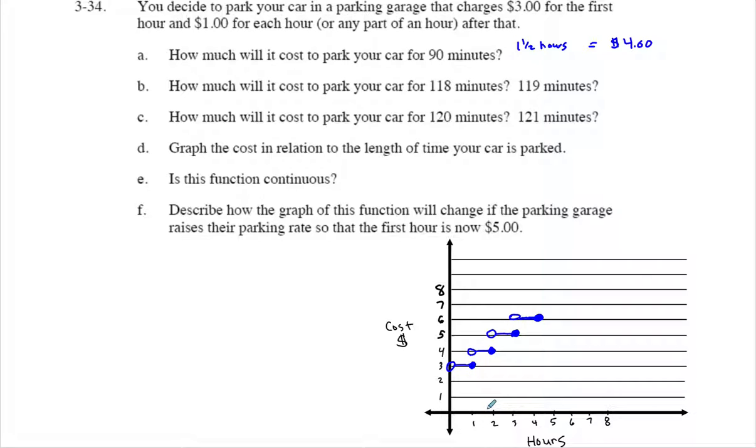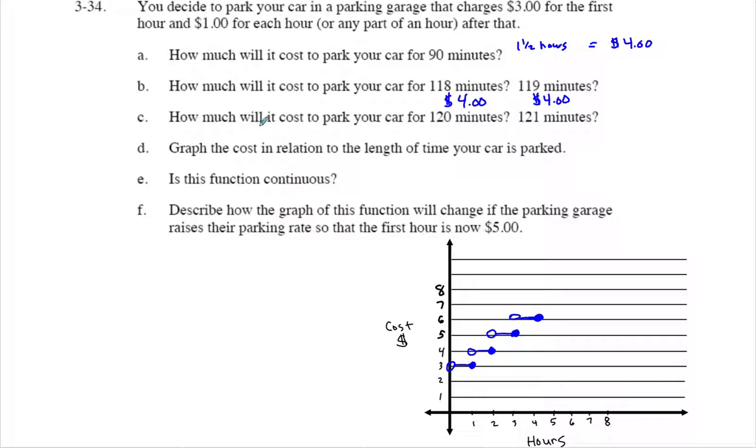Well, 118 minutes is less than 2 hours, right? So we would be looking at $4 as well. So for letter B, 118 minutes would be $4. And for 119 minutes, we're still in the same area here. That's also going to be $4.